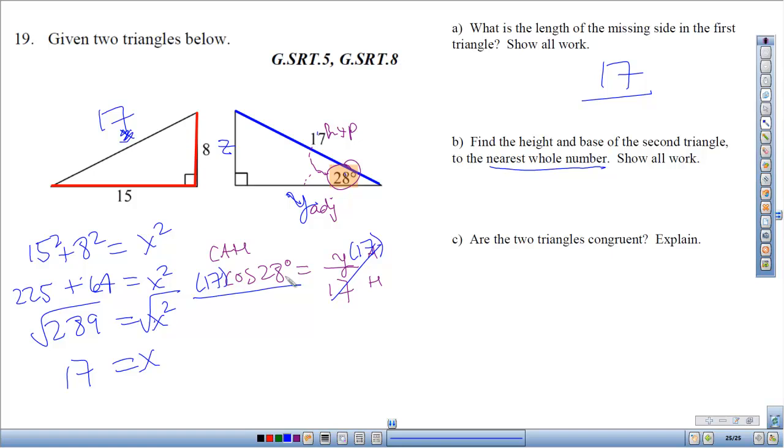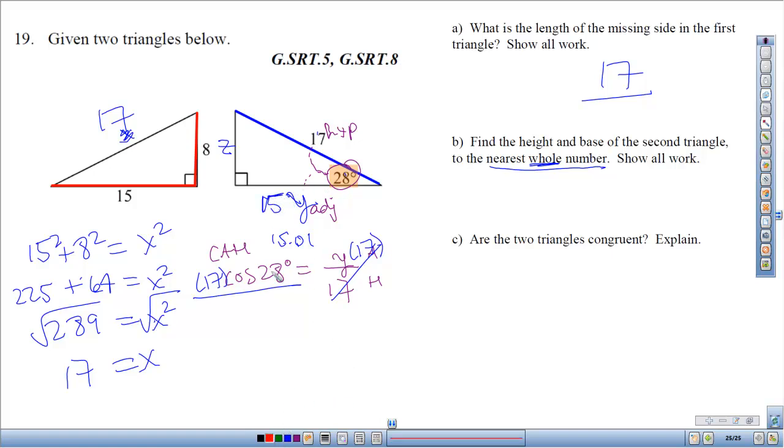So on the calculator, 17 times the cosine of a 28-degree angle comes out to be 15.01. We're actually rounding off to the nearest whole number, so the 0 would leave this 15. So this came out to be 15.